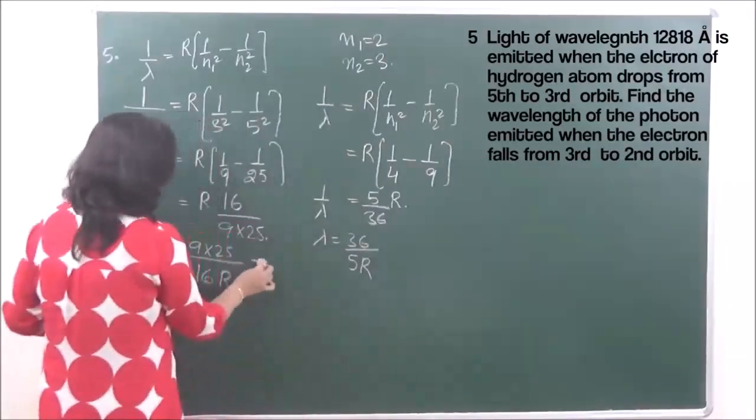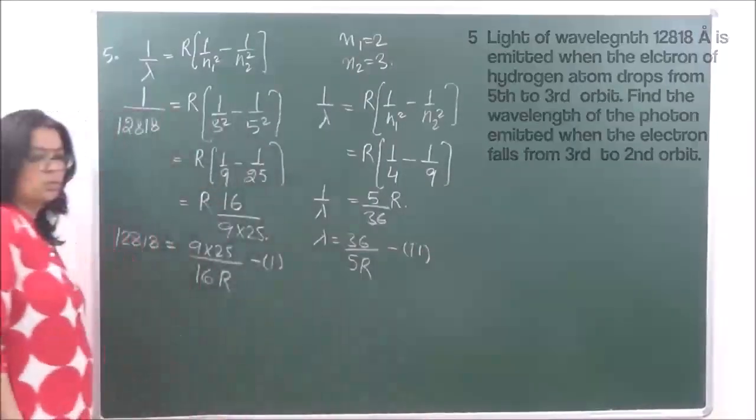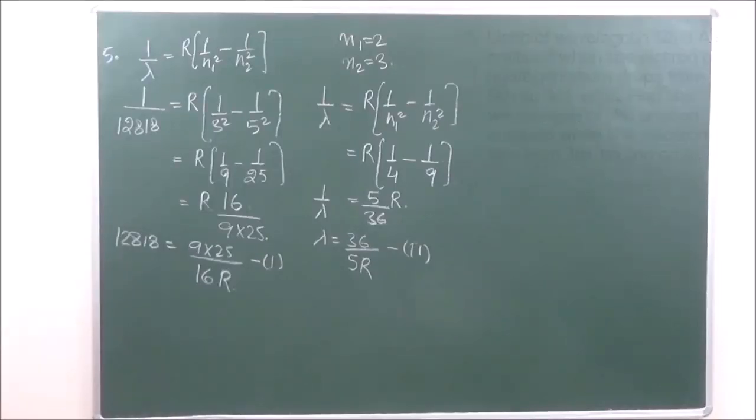Let's say this is equation 1 and this is equation 2. Now you divide equation 2 by equation 1.